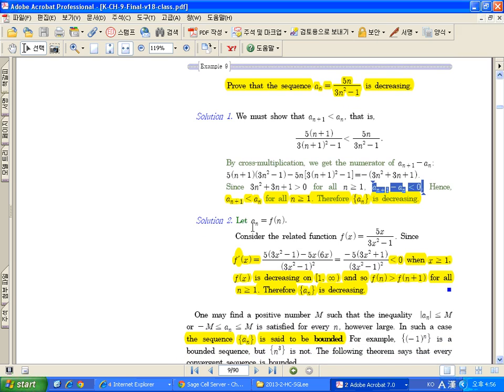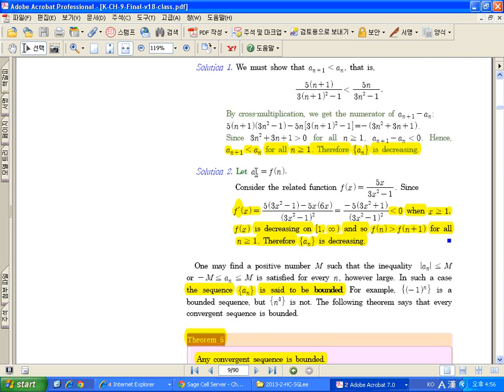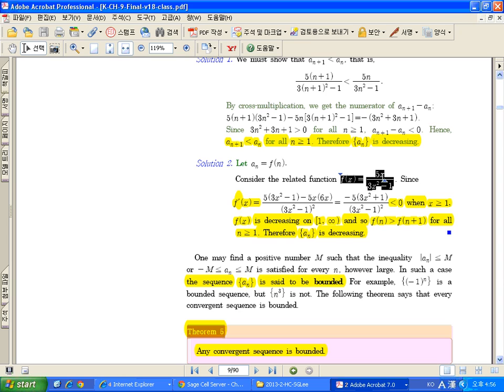Okay, next. But there is another way of showing it. Let a_n be a function of n, like f of n. Then f of x can be written in this way. Then we can show f prime of x is always negative, because this is a square and this is positive.